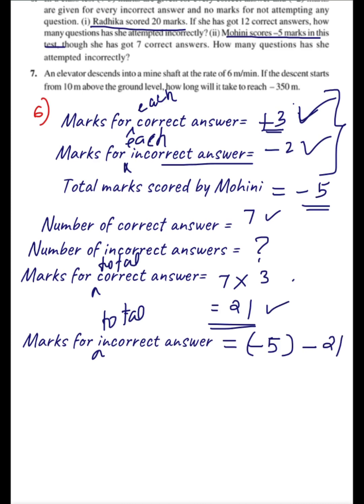So -5 minus 21. What is -5 minus 21? It's -26. So -26 will be the marks scored for total incorrect answers. Understand? How did you find this answer? This is the total marks scored by Mohini minus the total marks scored for correct answers. Then you will get the total marks scored for incorrect answers.